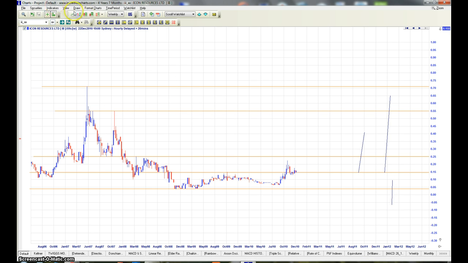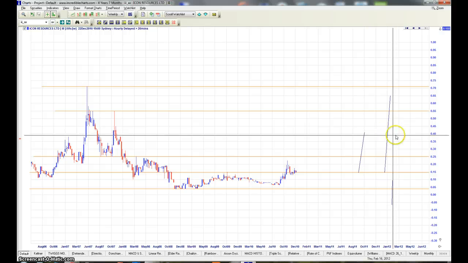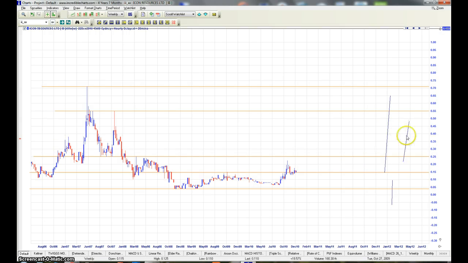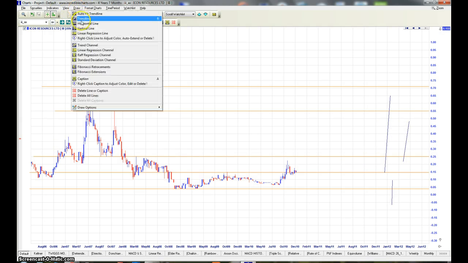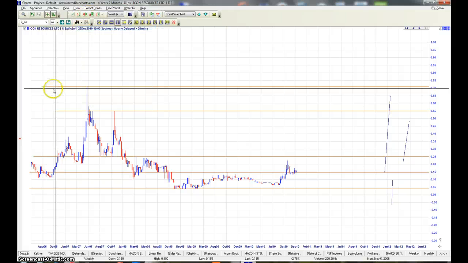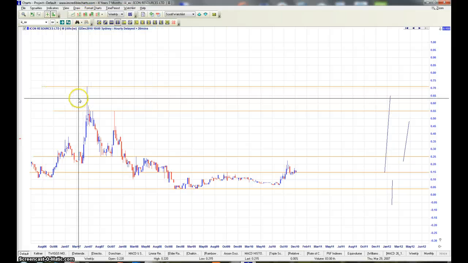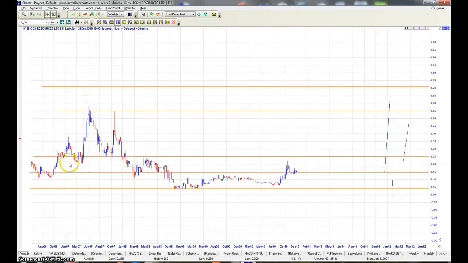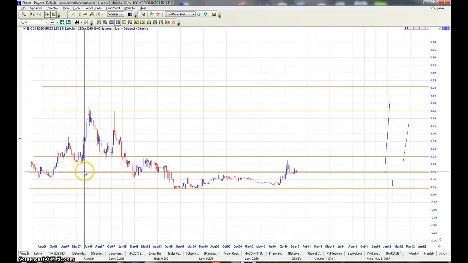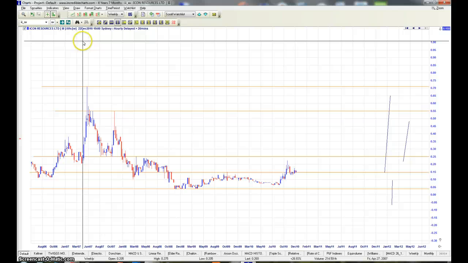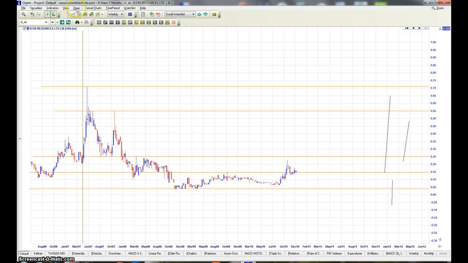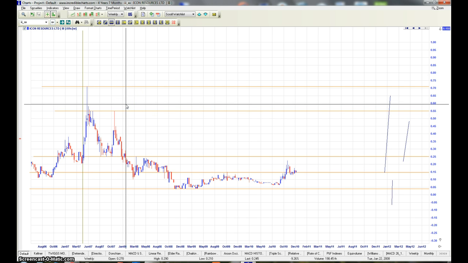The other thing I like to do, if I put those to the side there, I'm going to draw some vertical lines in here, and I'm going to visually try and pick where there's been a significant change in price action. So I'm going to put one there, just visually, maybe to that line there.